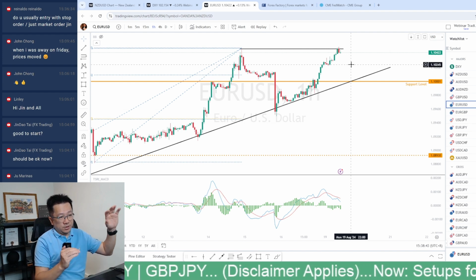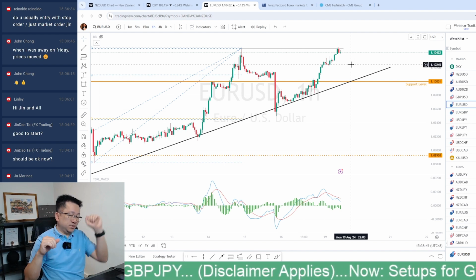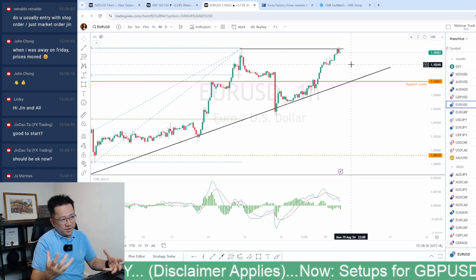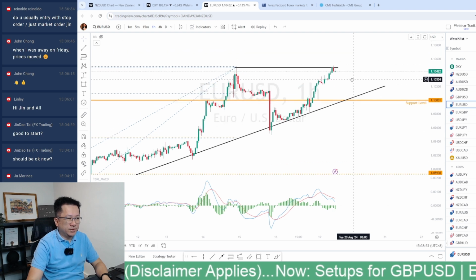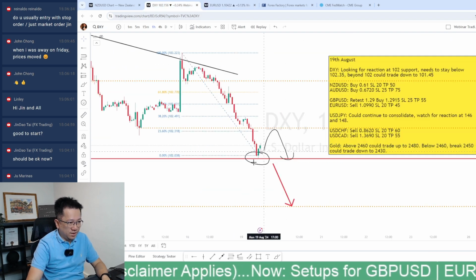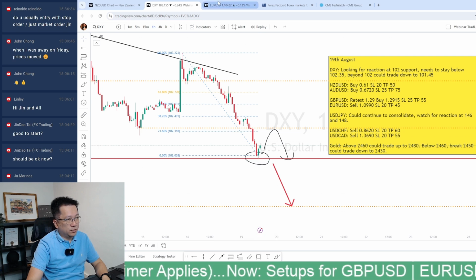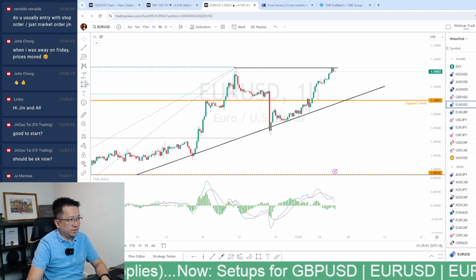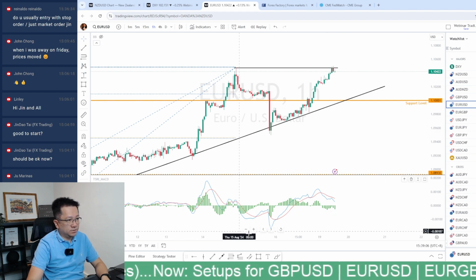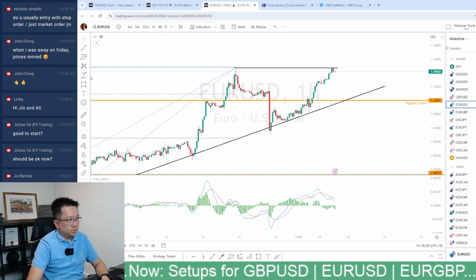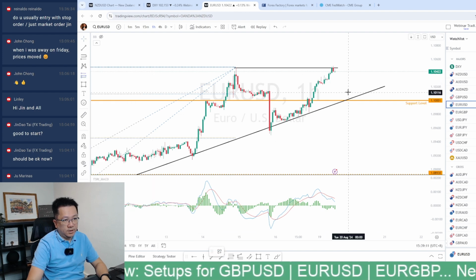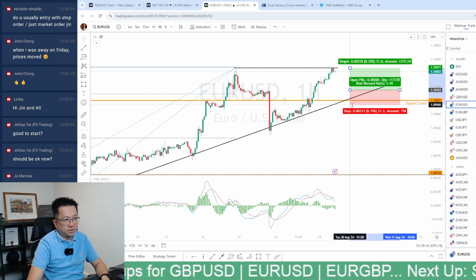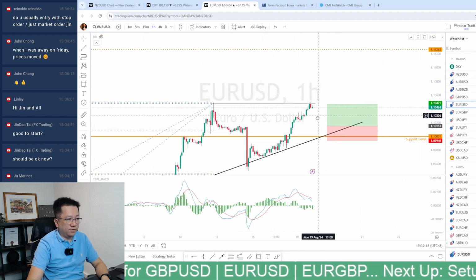It's all forming that similar pattern. So you just want to be extra careful, especially with the dollar at that 102 support level. So I'm looking at this to retrace and bounce. 1.1015, stop loss 20, take profit 30 up there.